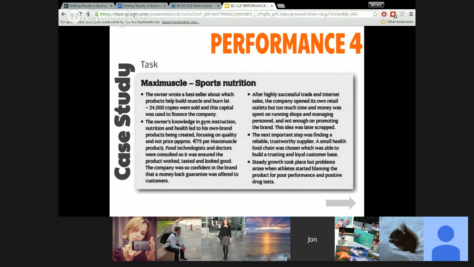So the ROI, say ROI. The ROI might be worthwhile because we're going to spend a lot of money, but we're going to be able to get it back. The ROI might be quite high because I think there's a pretty big market for sports stuff like this. I think it could work.